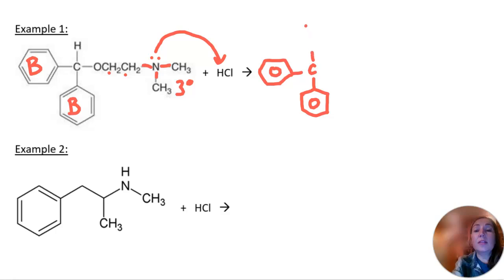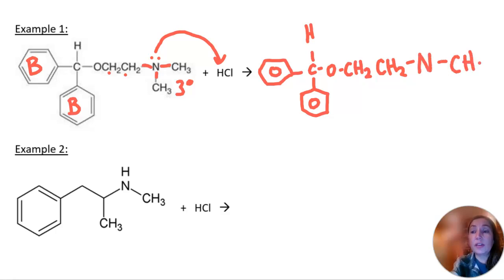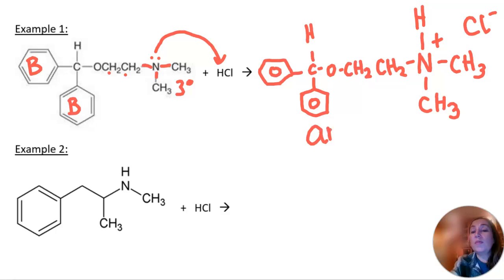That carbon has a hydrogen, and then it has O, CH2, CH2, and then a nitrogen that has 2 CH3s. But now the nitrogen has picked up a hydrogen, and it's overall positive. And then you'll have a Cl minus counter ion, so you have made an ammonium salt.